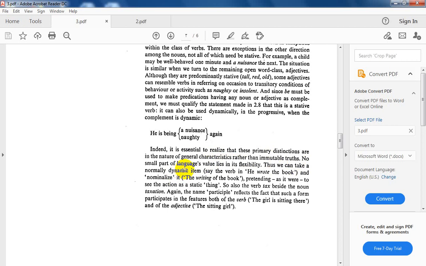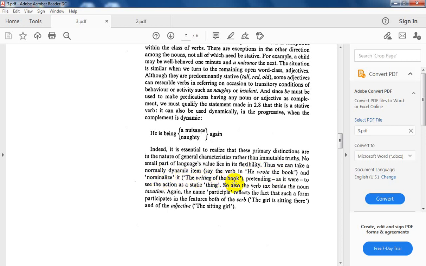No small part of language's value lies in its flexibility. Thus, we can take a normally dynamic item, say the verb, he wrote the book. Wrote, of course, is dynamic, there is action, writing, so it is dynamic, and nominalize it: the writing of the book.